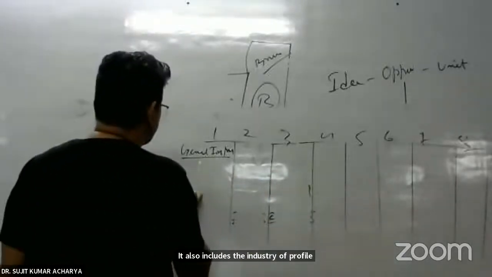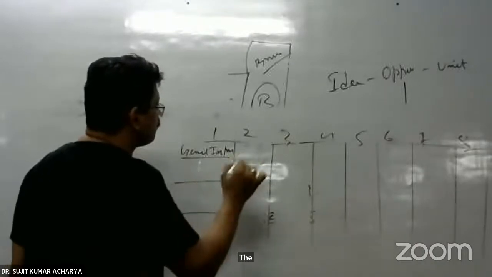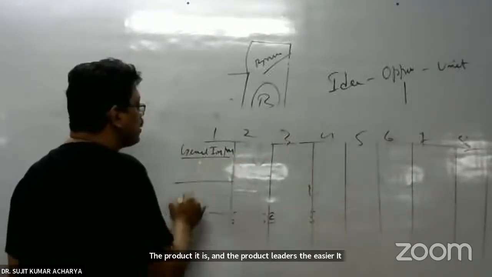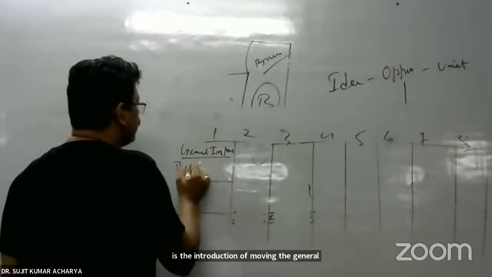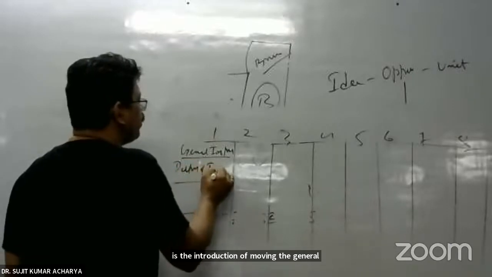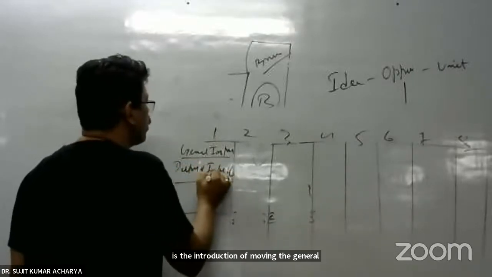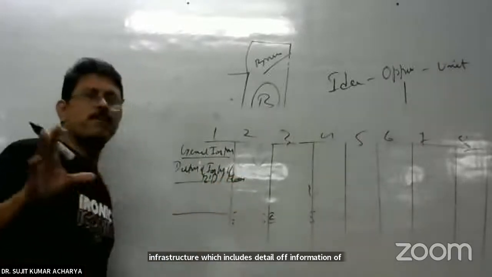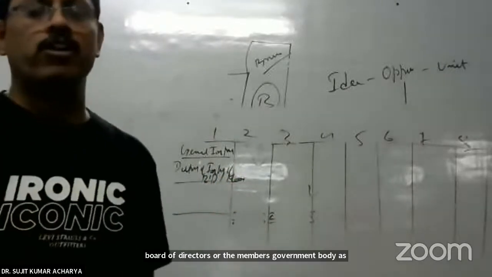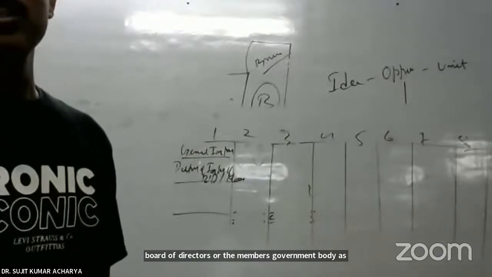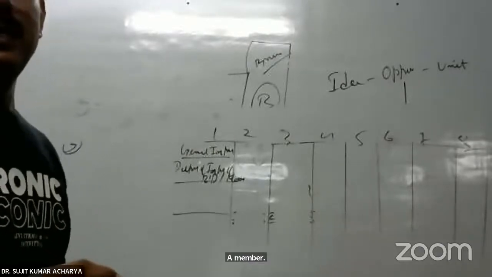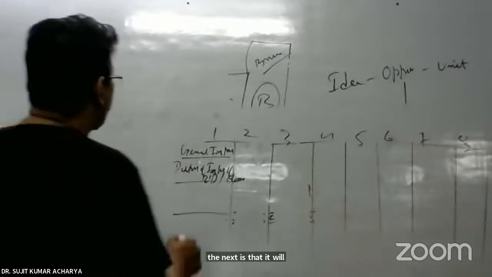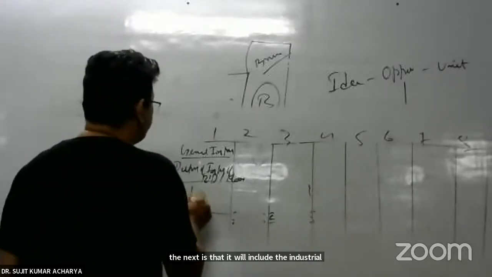The initial part is the introduction of the project. The general information includes detailed information of the board of directors or the members. The details of the members of the governing body will be there. That is first. The next is that it will include the industrial profile, the history.